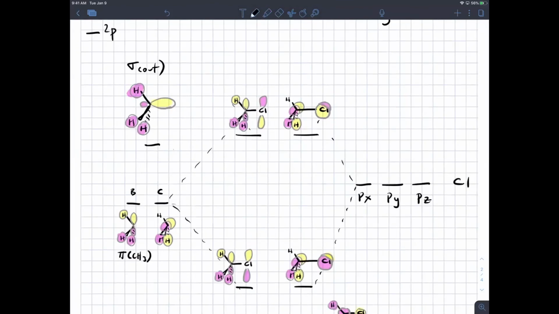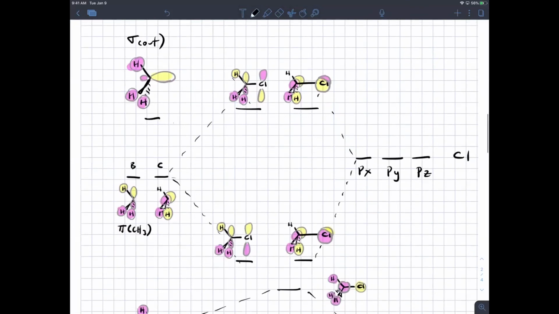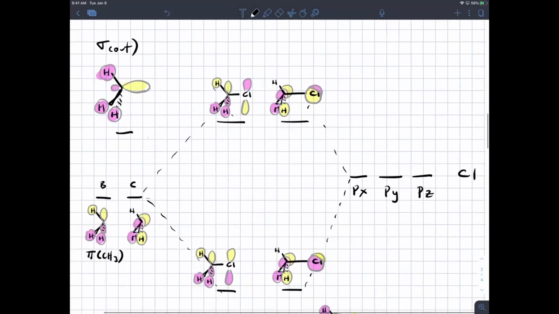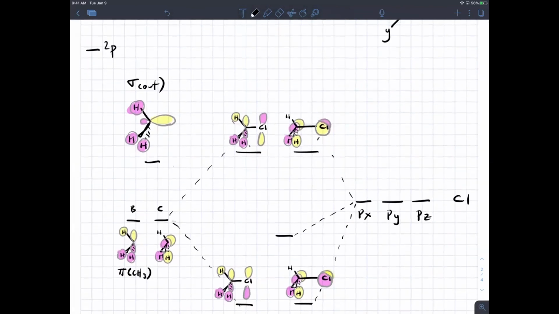What about overlap between sigma out and the 2pz, or I'm sorry, the 3pz of chlorine? That's going to be closer in energy, of course, to chlorine than it is to the sigma out orbital. By how much, who knows? We could figure out the numbers.